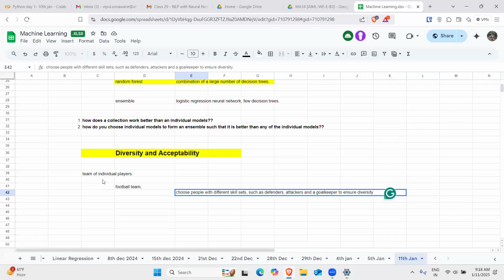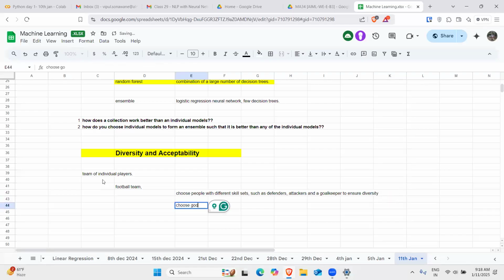Then you'll choose good players, to ensure that all players are acceptable.